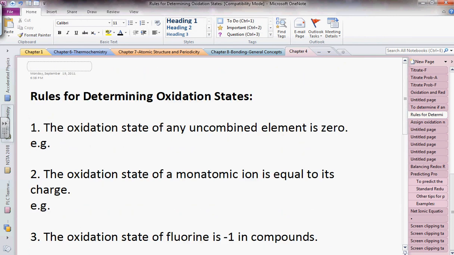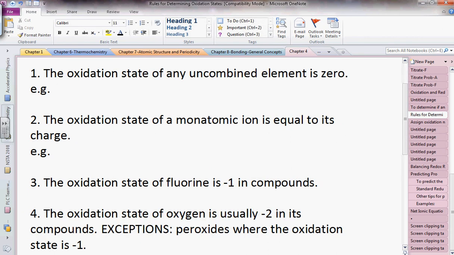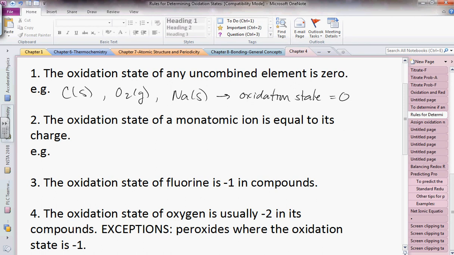Okay, so what are the rules for determining oxidation state? The first one is that any uncombined element is going to have an oxidation state, or oxidation number, of 0. So if you have carbon, oxygen gas, the elemental oxygen, or sodium metal, any of these would have an oxidation number equal to 0. Pretty simple.